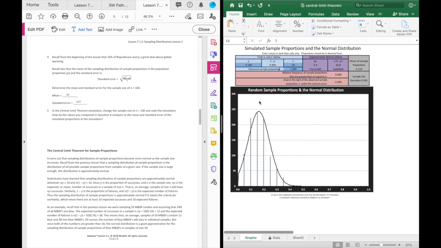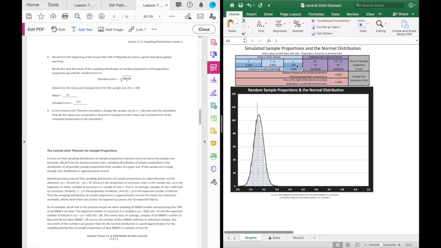But now we're going to do a simulation. We're going to take a sample size of 100. This is equivalent to taking 100 random Republicans and asking them, and then doing that 1,000 times. So let's see what happens.